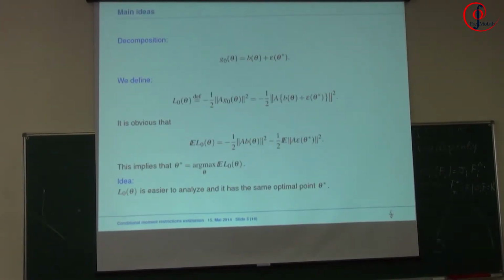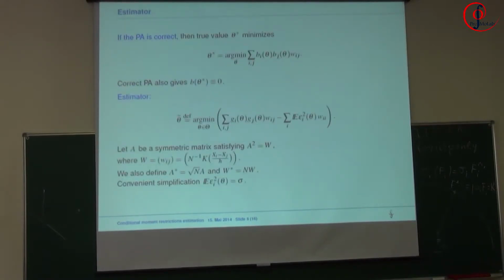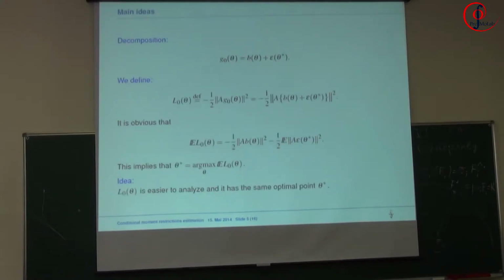We're trying to get some results about this problem, but we have a lot of difficulties, because to get results uniform over the set of parameters, the stochastic part is really difficult to analyze.